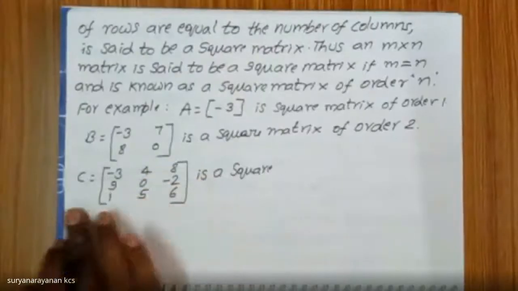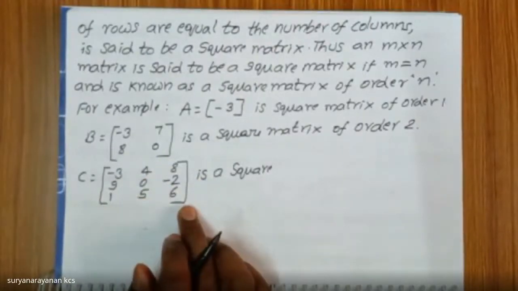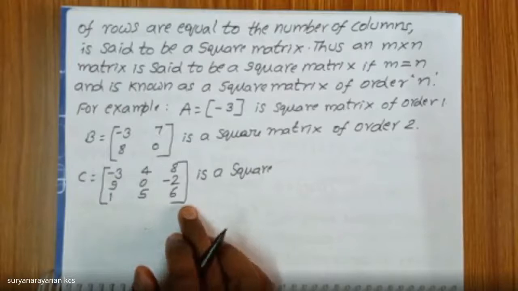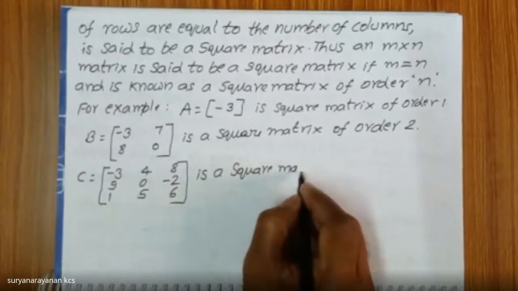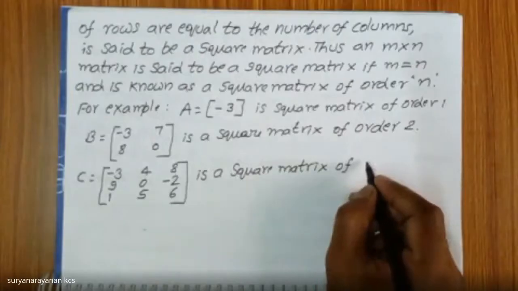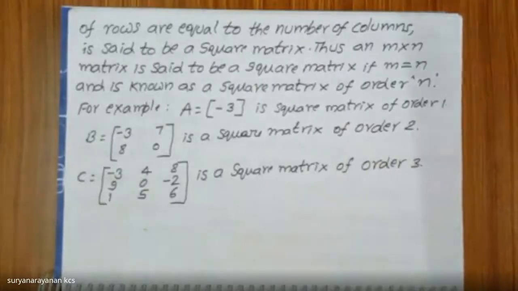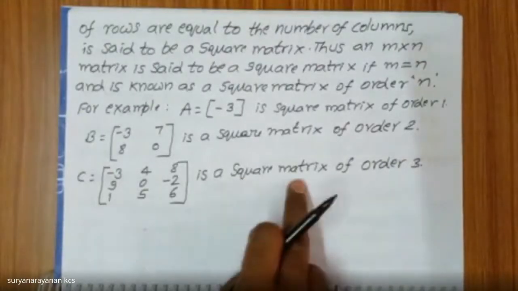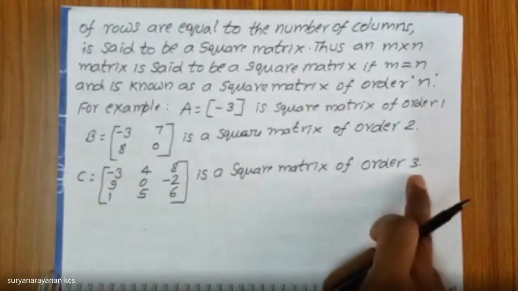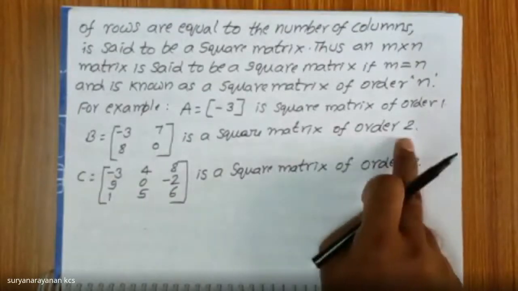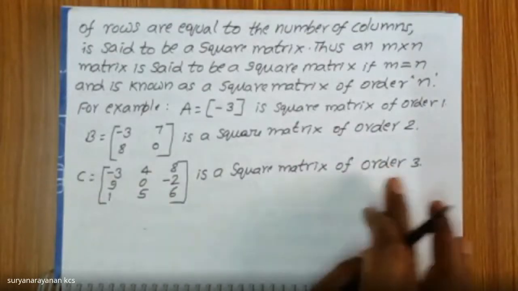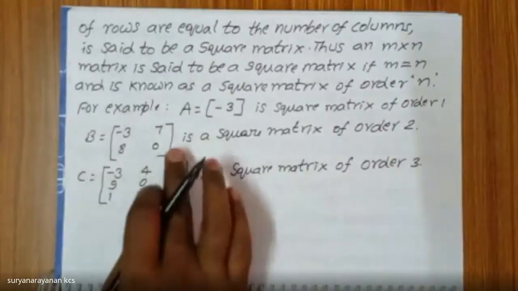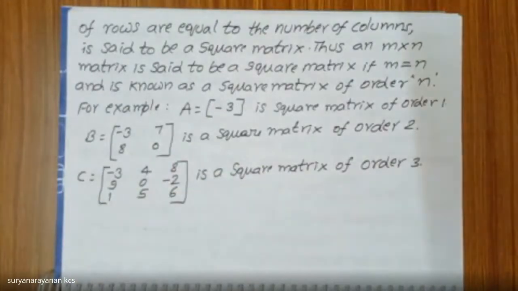So, can we say it is a square matrix? Yes, sir. What is the order of this square matrix? 3, sir. Don't say 3 by 3. We are using square matrix, so no need to say 3 by 3. Remember this point: a square matrix of order 3 means 3 rows and 3 columns.